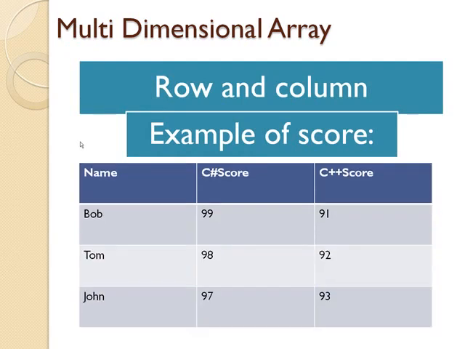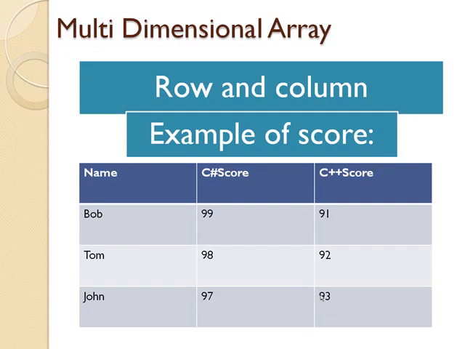Like name, C# score, C++ score. So here name Bob, Tom, John. So Bob, C# score, that is 00, 01, 10, 11, 20, 21. Okay, so that means we can store in a table kind of format.